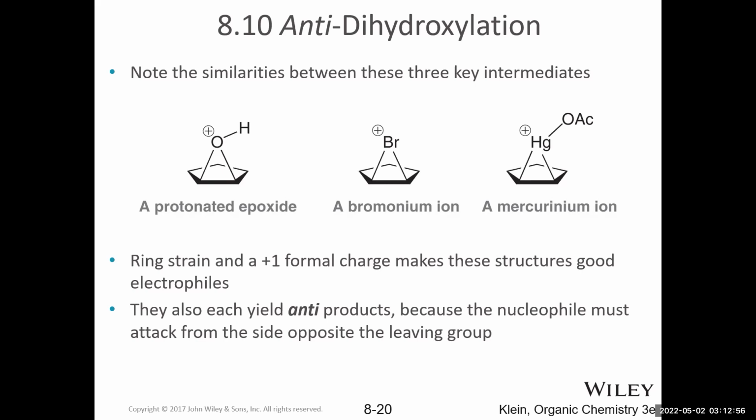These are highly electrophilic intermediates that are poised for nucleophilic attack at one of the two equivalent carbon atoms. The products will always be anti-products because the nucleophile must approach from the back, opposite the leaving group in an SN2-like process, and we'll end up with the anti-products.